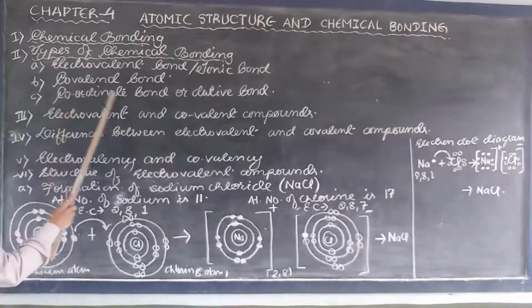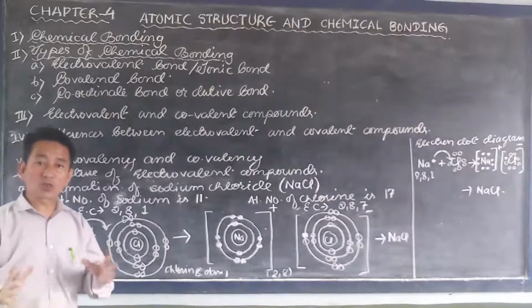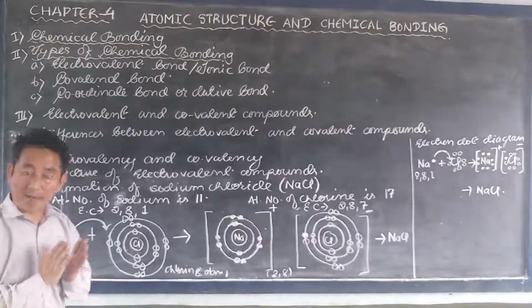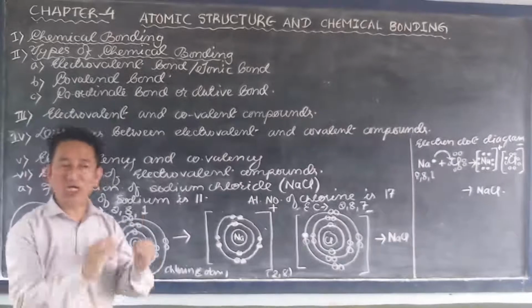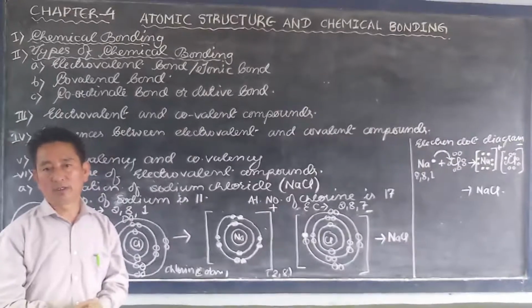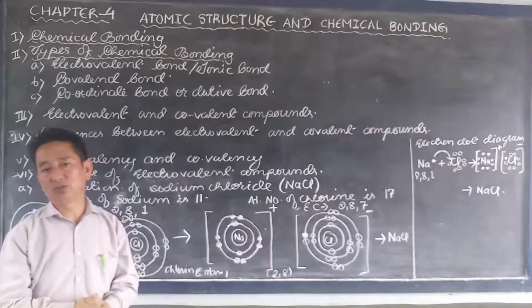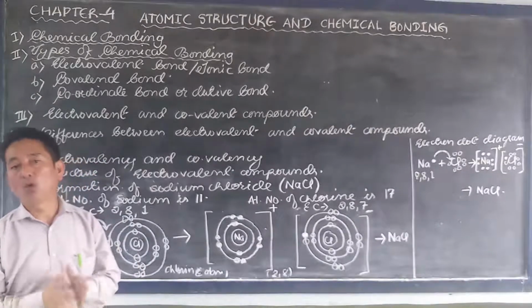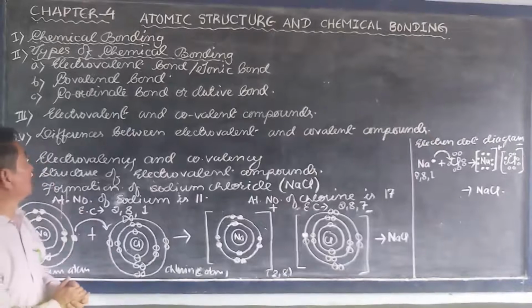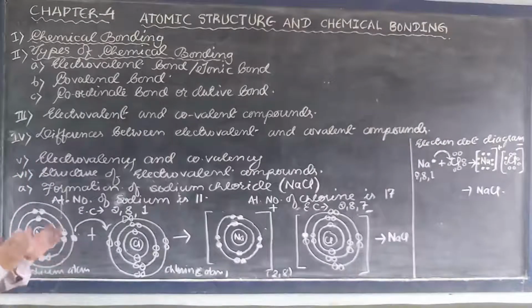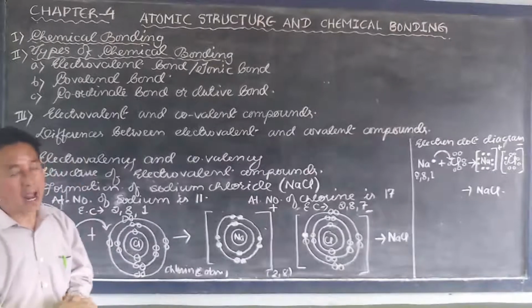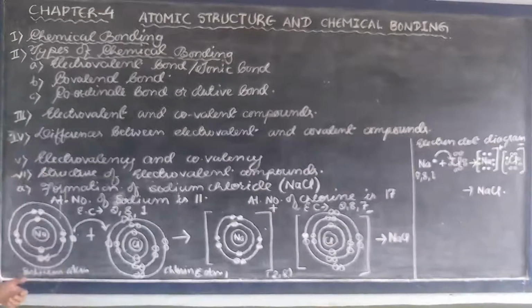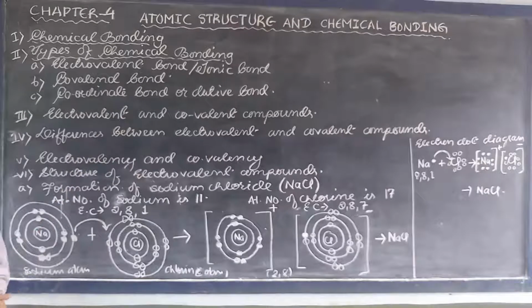Now next, covalent bond. Now what is a covalent bond? The chemical bond which is formed by mutually sharing their valence electrons is known as a covalent bond. Valence electrons means the electrons present in the outermost shell of an atom. Now next, coordinate or dative bond.